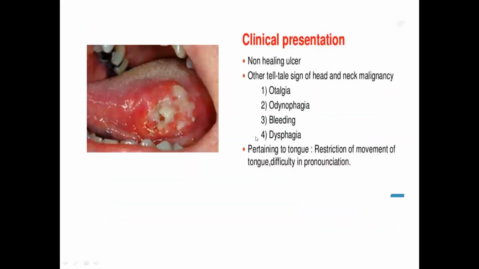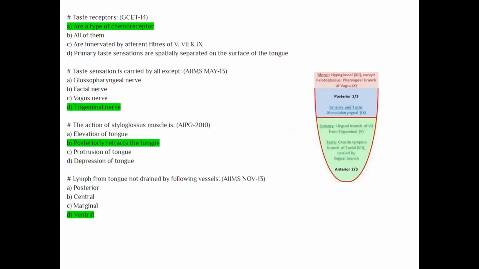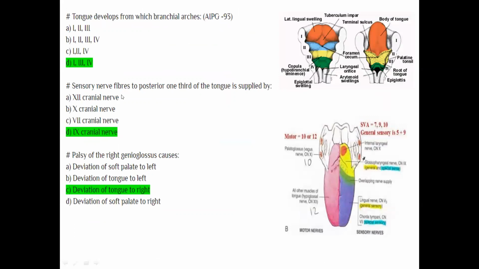If you know the mnemonic, you will understand quickly what it is talking about.